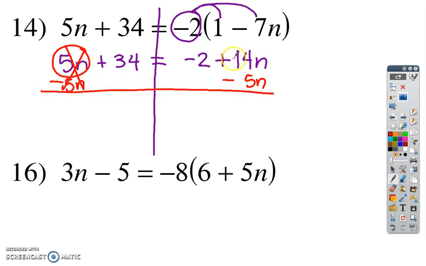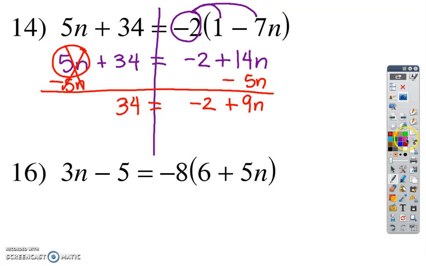N goes with the n, so 14 minus 5 gives you 9n, and bring everything else down. So it's a positive 9n, bring down the -2, bring down the equal sign, and the 34.